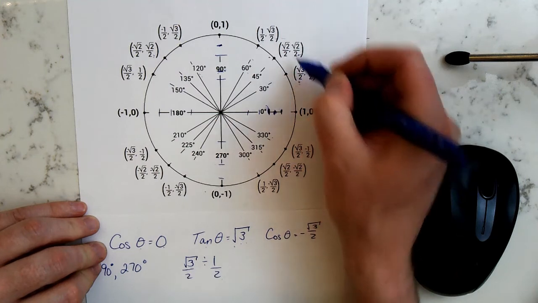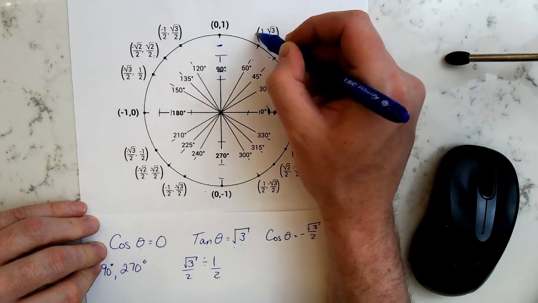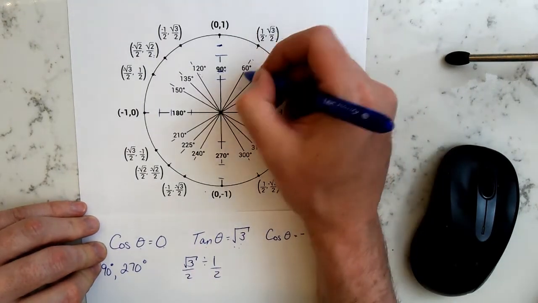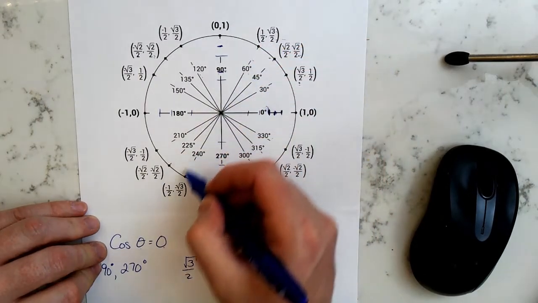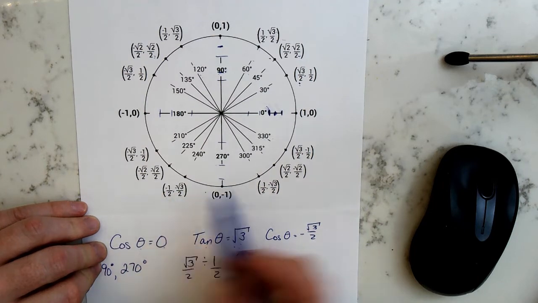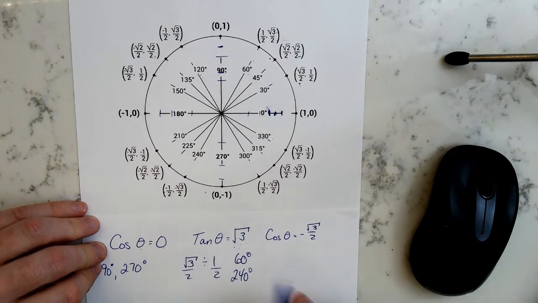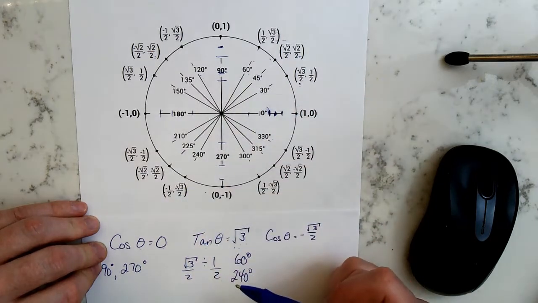Doesn't work. This is the x coordinate. It's this one. The y divided by x is root 3. So 60 degrees here. And the other one for tan, just straight across, negative root 3 divided by negative 1 is the same thing. So be careful with the tan. You have to divide to figure out which one it is.